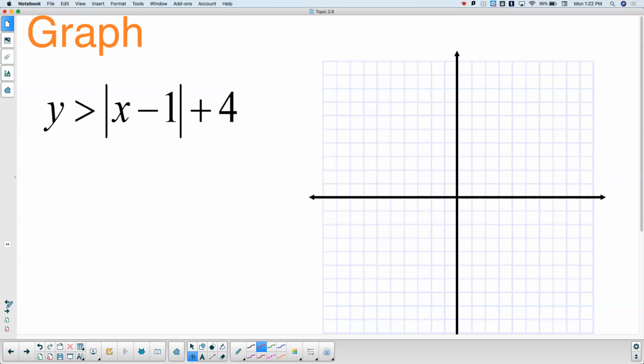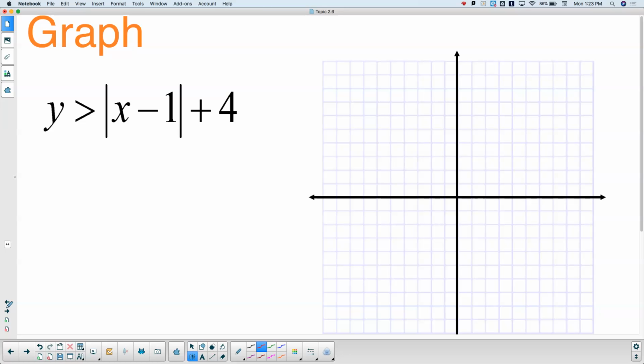This one says we've got y is greater than the absolute value of x minus 1, then plus 4. Now, thinking farther back than Thursday, if we think back to earlier last week, when we were graphing absolute values, we had two ways to graph an absolute value.